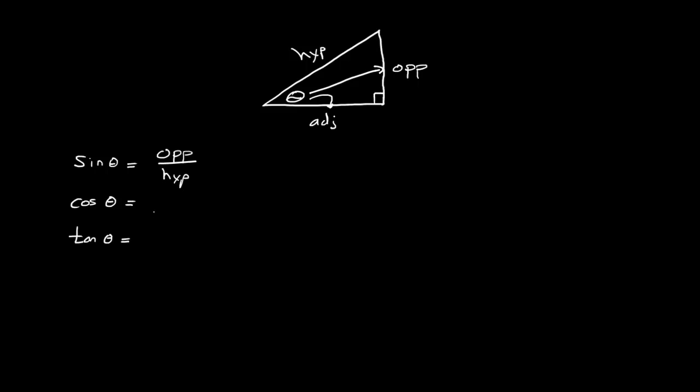The cosine, by definition, is going to be the adjacent leg divided by the hypotenuse, and the tangent is going to be the opposite divided by the adjacent.